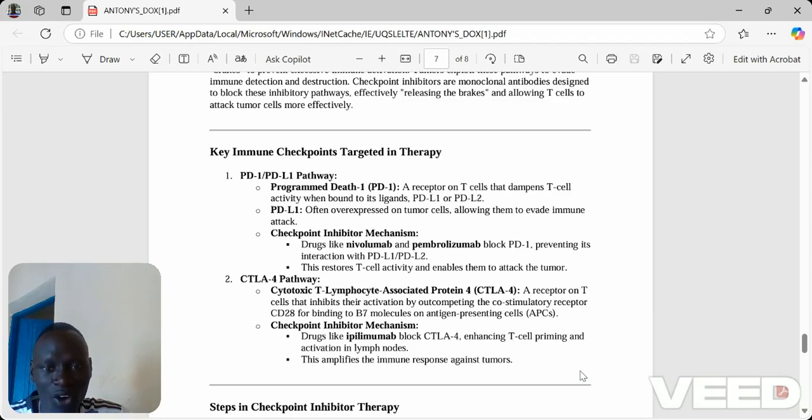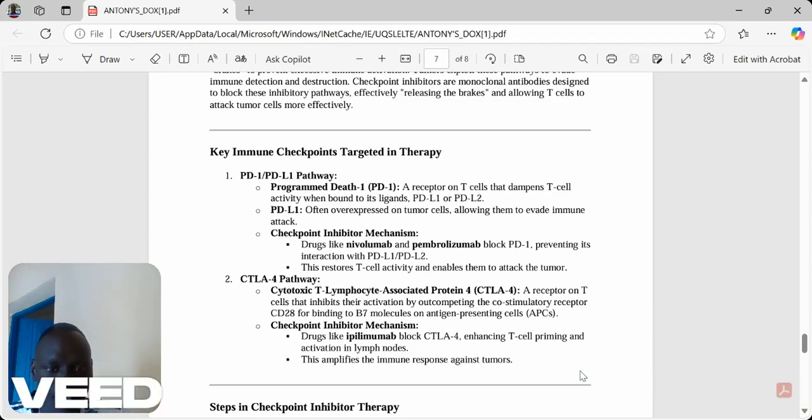PD-L1 is often overexpressed on tumor cells, allowing them to evade immune attack. Drugs like nivolumab and pembrolizumab block PD-1, preventing its interaction with PD-L1 and PD-L2. This restores T cell activity and enables them to attack the tumor.